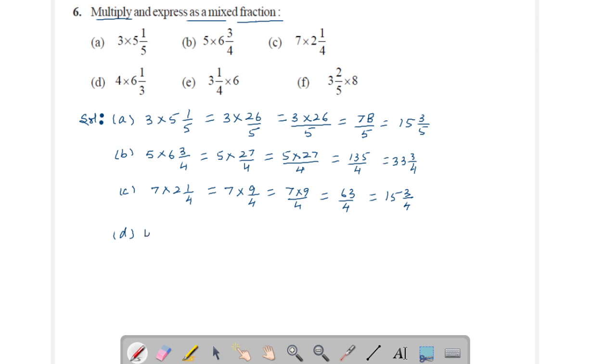It is 4 into 6, 1 upon 3. This can be written as 4 into, convert 6 1 upon 3 into improper fraction. 6 3s are 18 plus 1, 19 upon 3.